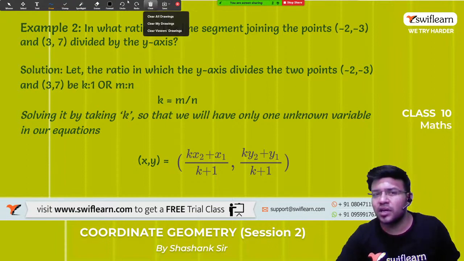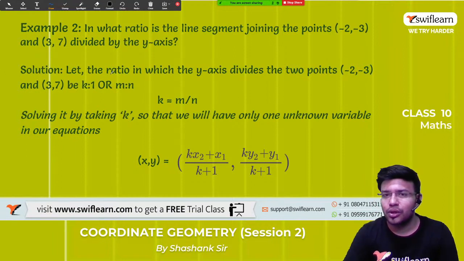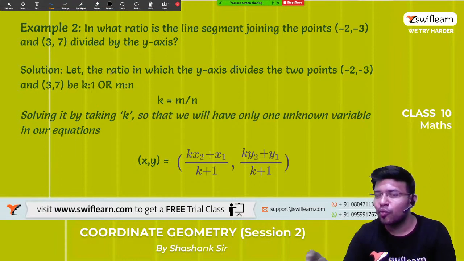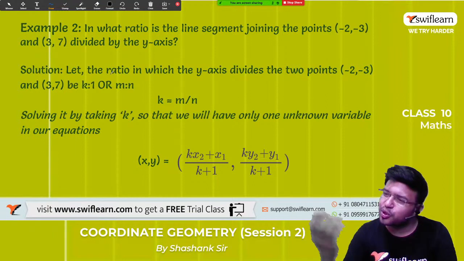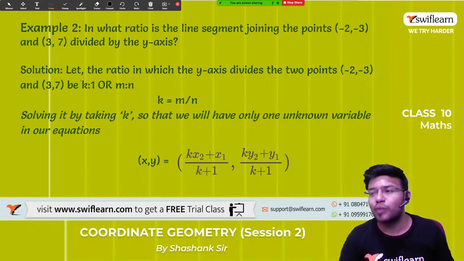Now what they have done here is, this is the second approach to solve. Okay, instead of dividing the line in the ratio m is to n or m1 by m2, what they have done here is, they have divided the line in the ratio k is to 1. Substitute करो, solve करो, same steps, you will get k as 2/3.